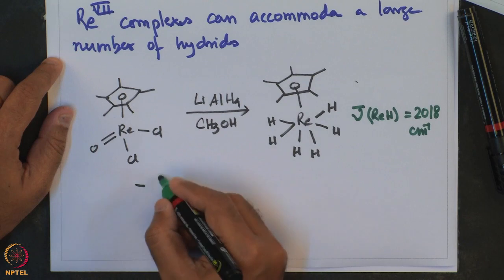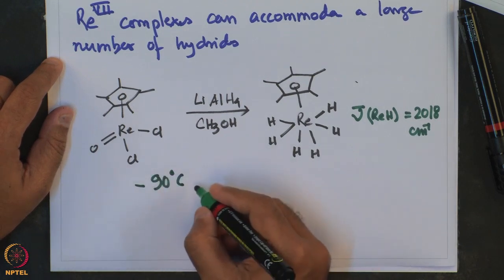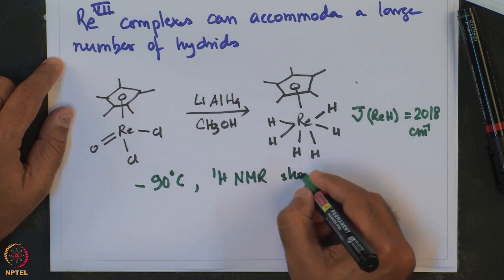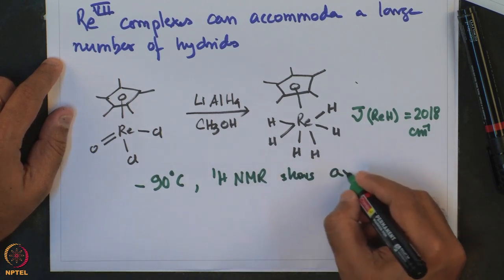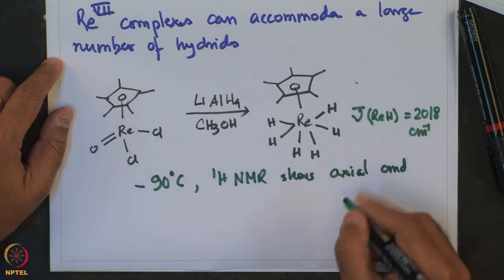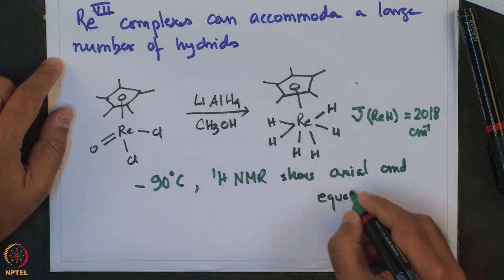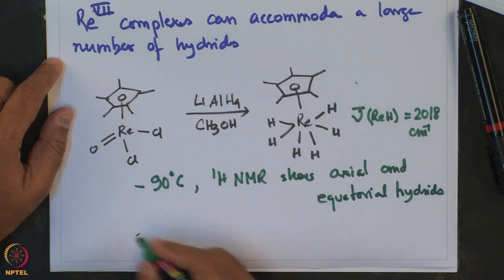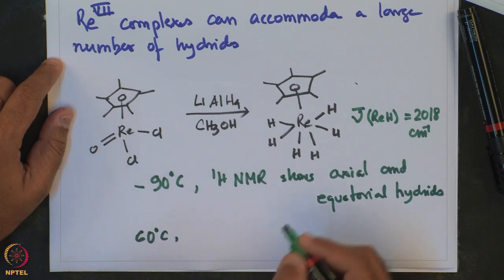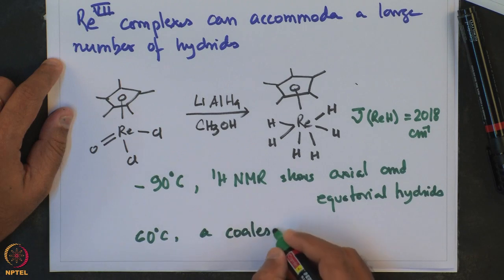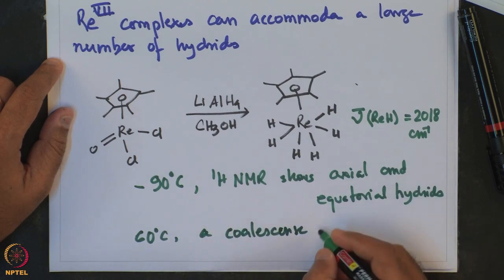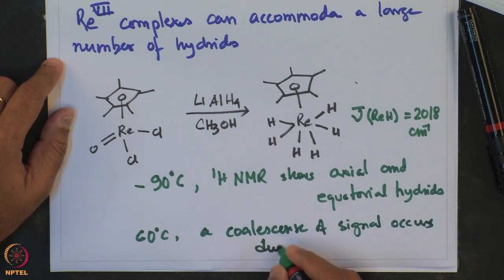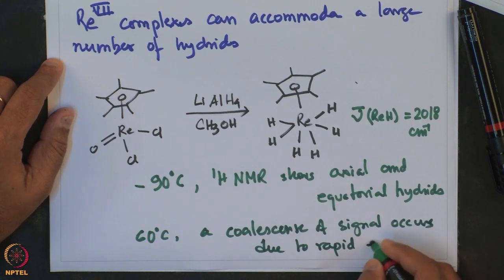Now, these are fluxional molecules, so you can see the dynamic exchange between the axial and the equatorial hydrogens. As a result, at a very low temperature, minus 90 degrees centigrade, proton NMR shows axial and equatorial hydrides, whereas at a much elevated temperature, 60 degrees centigrade, coalescence of signal occurs due to rapid exchange.